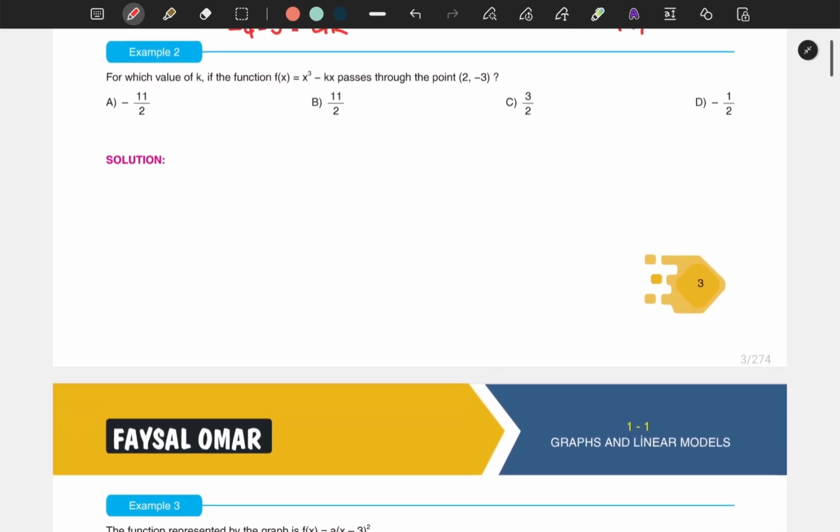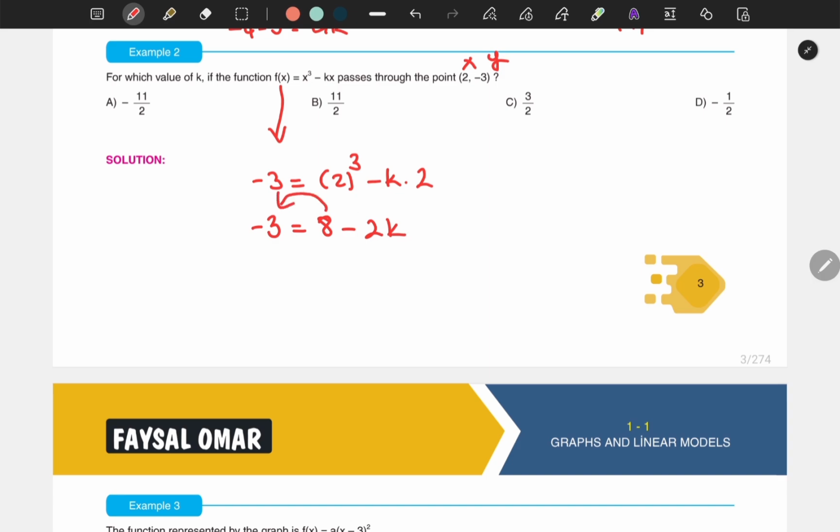Okay, next example, same idea, guys. There is no difference. Look here. Again, I have an x and I have a y. Let me replace in f of x: negative 3 equals 2 to the power of 3 minus k times 2, isn't it? Because the x value is 2. Negative 3 is equal to 8 minus 2k.